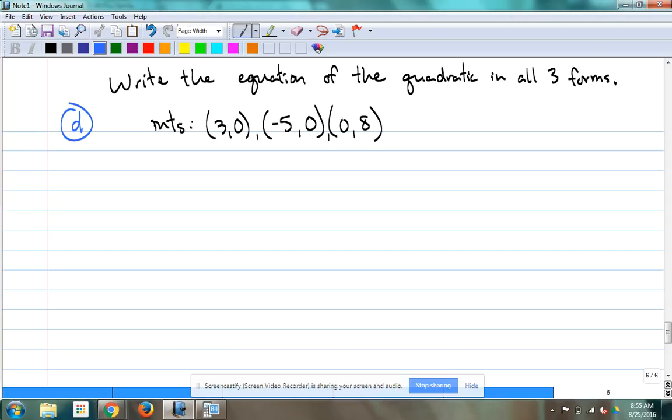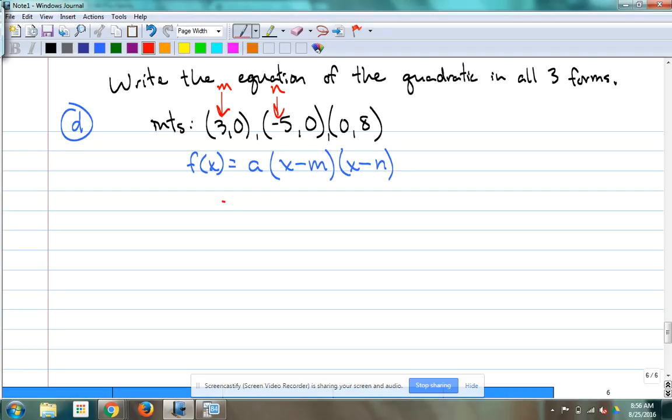Intercept form is f of x equals a times (x minus m) times (x minus n). So let's plug in the stuff we know. We know those two guys are m and n, and it doesn't matter which one you call m and which one you call n.